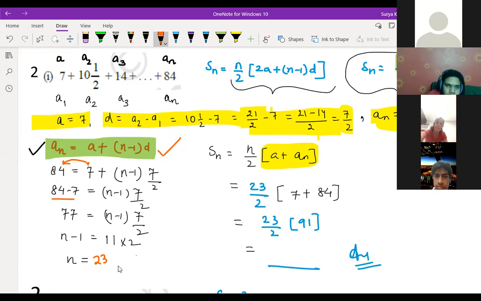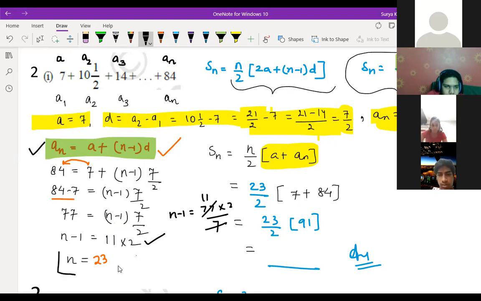Again here 77 is equal to n minus 1 into 7 by 2. Then 2 is sending up, 7 is sending down. So what you will get here? n minus 1 is equal to 77 into 2 divided by 7. Understood? So 7 into 11 is 77. If you understood, n minus 1 is equal to 11 by 2, how I have written?